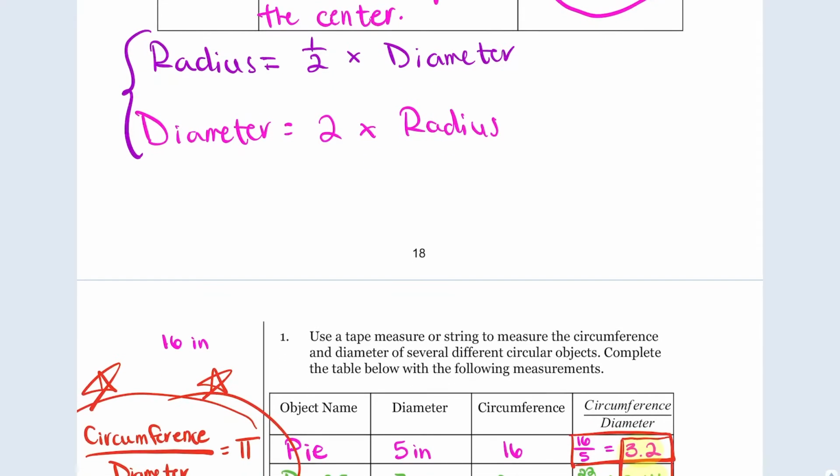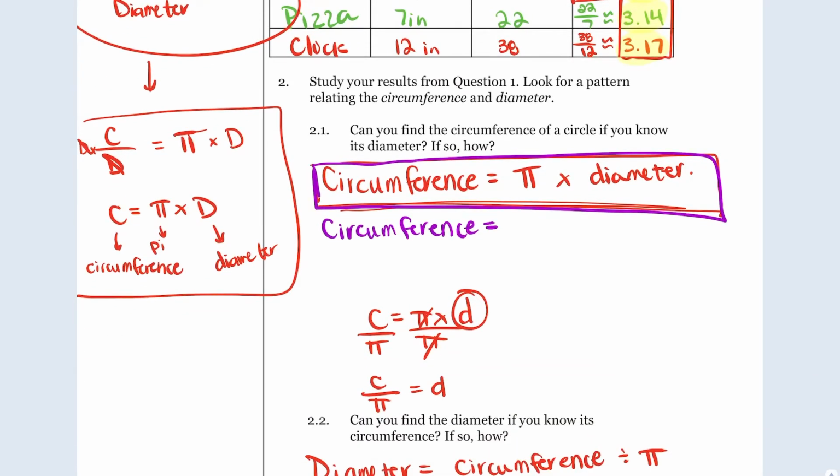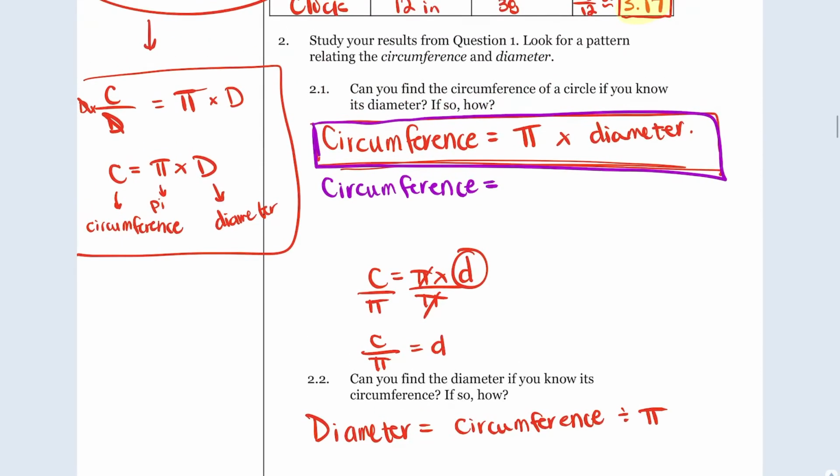I can always rewrite my diameter as a radius, so long as I multiply that radius by 2. So going back to this question, it's not actually written on here, but I'm forcing you to think about it. We know that pi is definitely involved in finding the circumference, but now I need to rewrite this diameter as a radius.